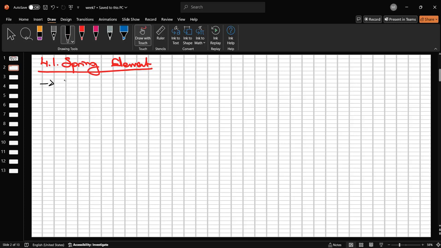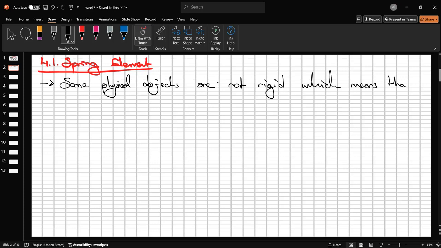Some physical objects are not rigid. What's the meaning of rigid? Yes, it deforms under what?